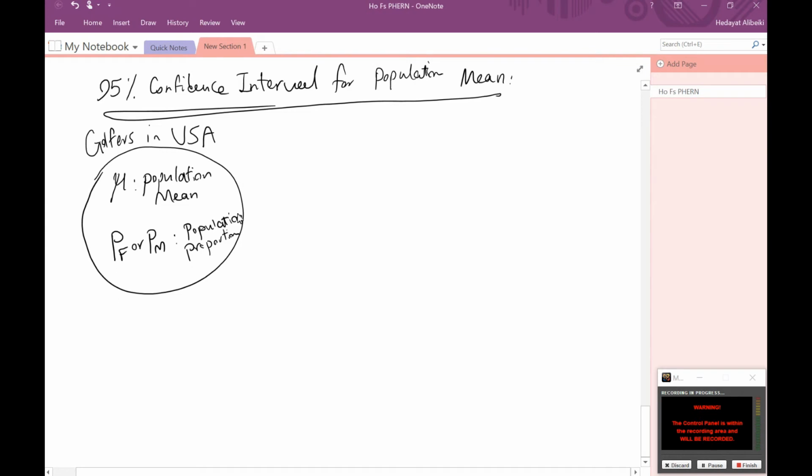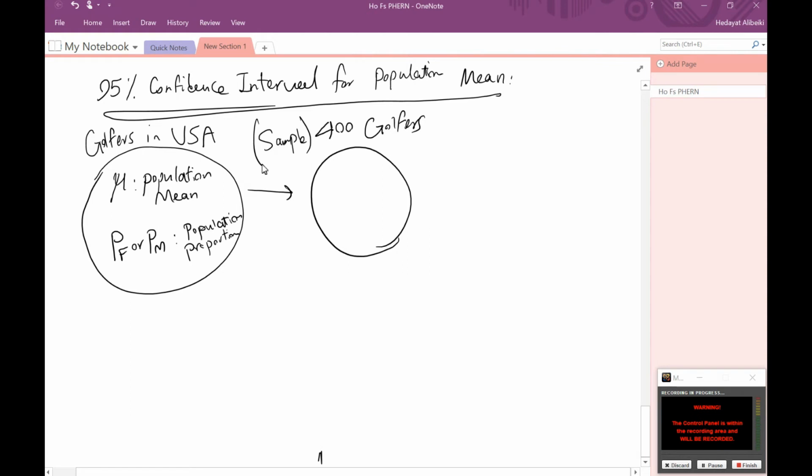But it would be hard to get these population parameters. What we do instead is take a sample of 400 golfers. So it's a sample, and instead of mu we can calculate a point estimate for mu, which is the sample mean.